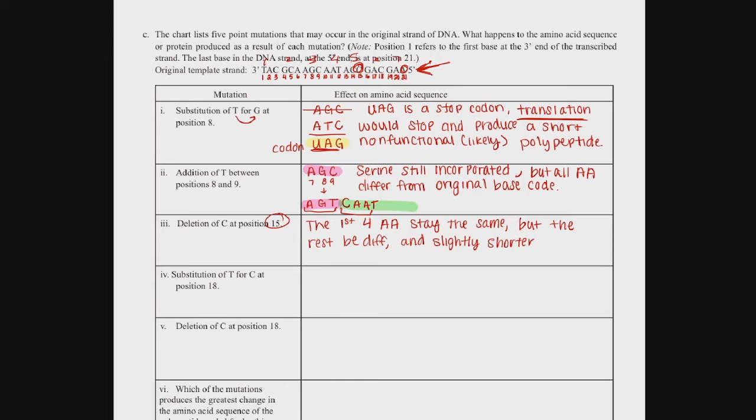At position 18, we originally have GAC. Now this would be GAT. And if we reference the chart, then leucine is still inserted as a 6th amino acid. So nothing really changes. This is what we call a silent mutation.